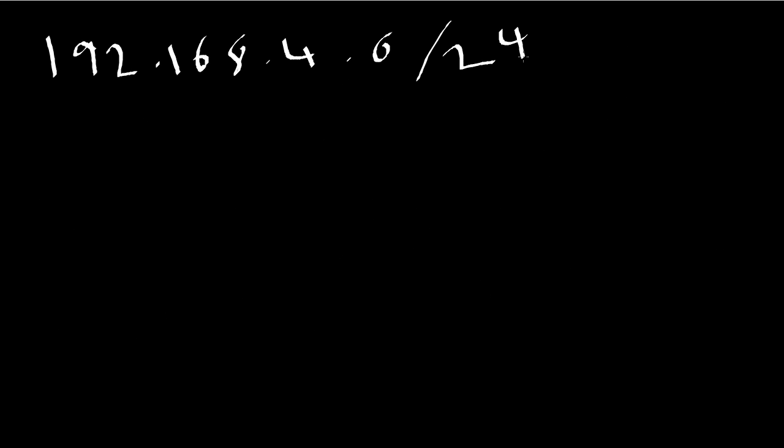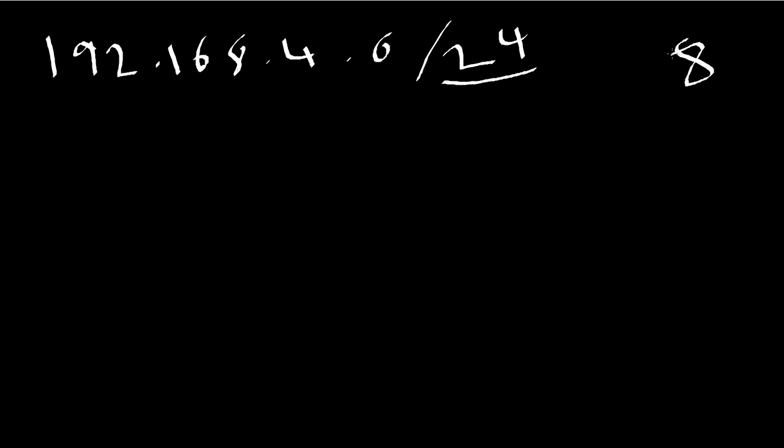So what have we learned? Looking at this, we have learned that this /24 here means 24 bits are turned on. Now, this also tells us that the total, which is 32, minus this 24 gives us an 8.